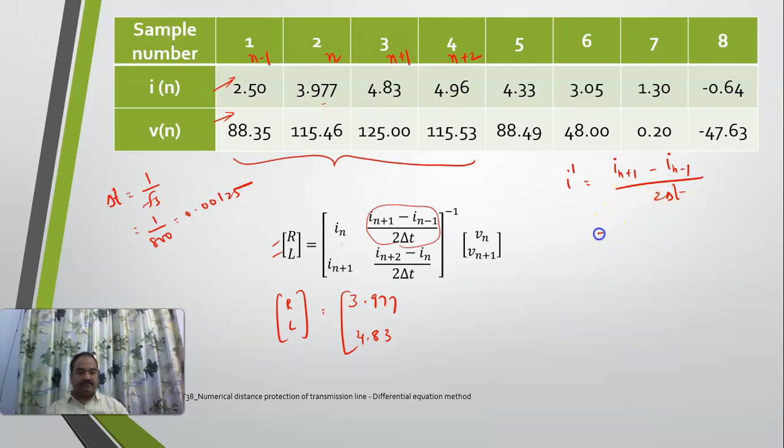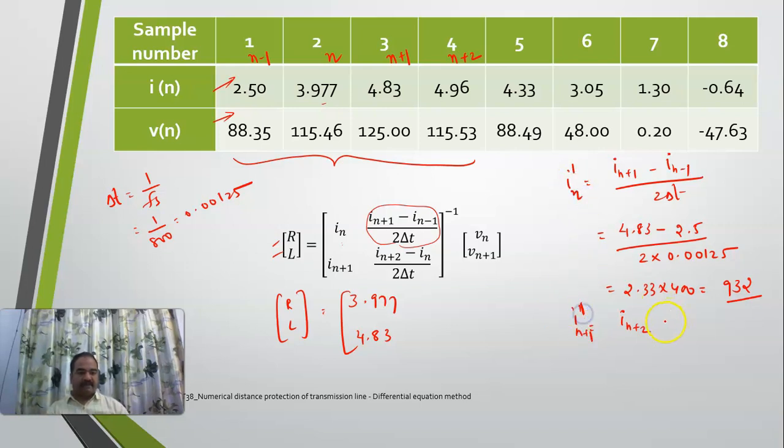So if I take this, IN plus 1 is 4.83 minus 2.5, divided by 2 into 0.00125. So I'll be getting 2.33 into 400, so it is 932. Similarly, I double dash: this is IN dash, this is IN plus 1 dash.